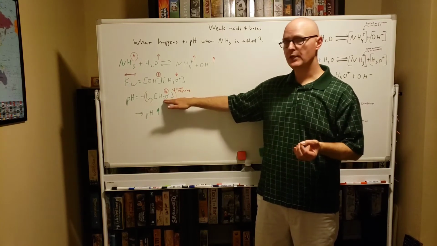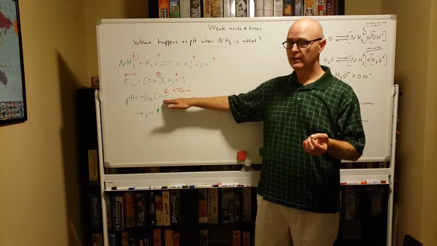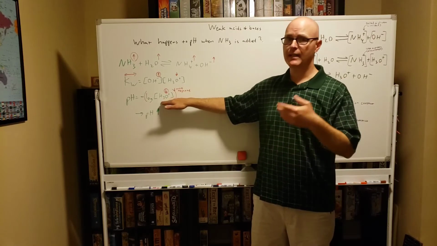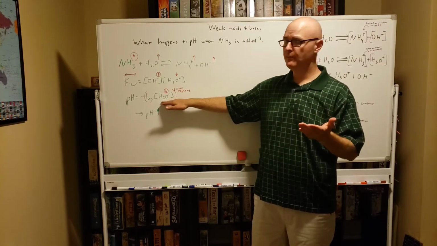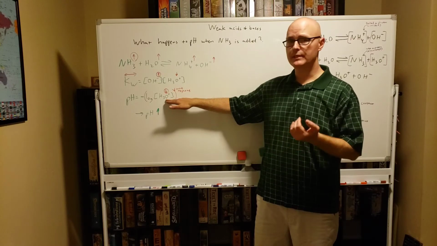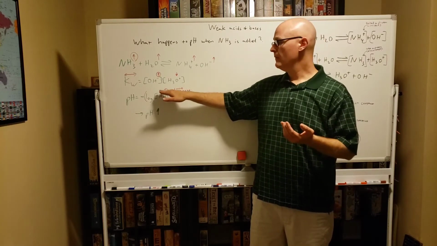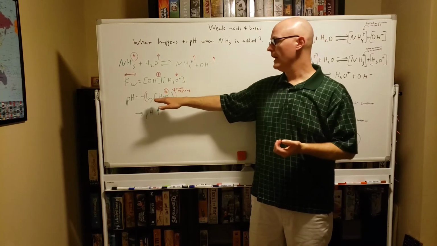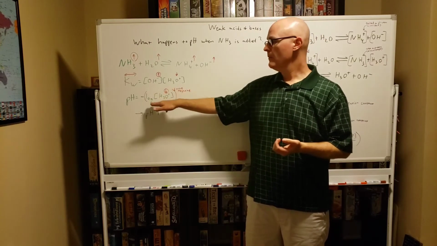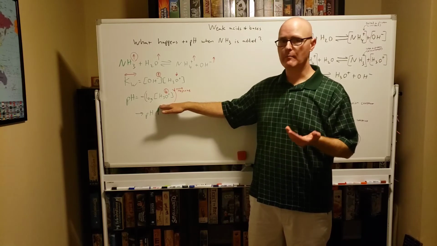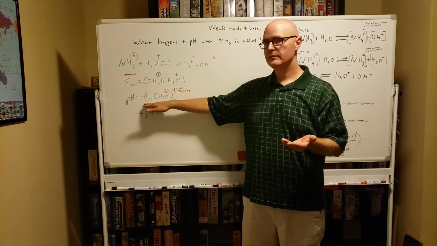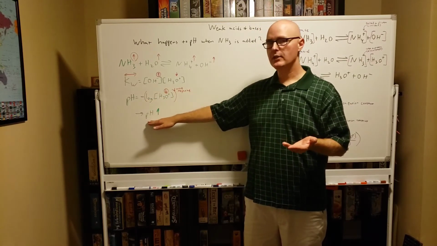Remember that the concentration of hydronium is less than 1, 10 to the minus something, so the log of 10 to the minus something will be some negative number. If the concentration goes down, it'll become a more negative exponent. Therefore, I have a more negative number for my log. Negative and negative is positive. Therefore, my pH goes up.